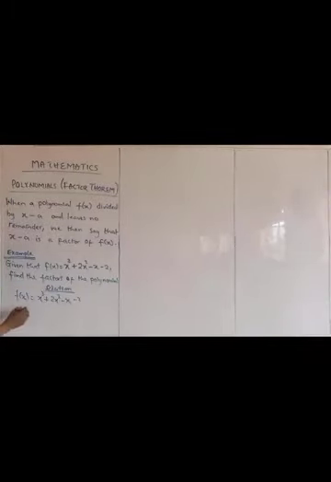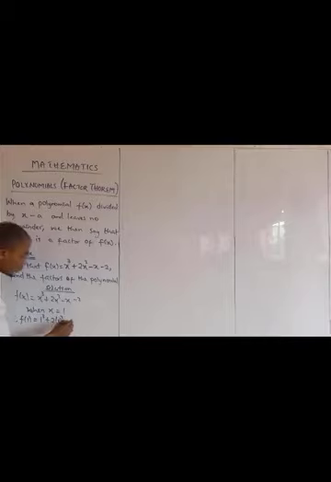Here we can see that when x equals 1, we then come here and say that therefore f of 1 equals 1 cubed plus 2 open brackets 1 squared, then minus 1 minus 2.